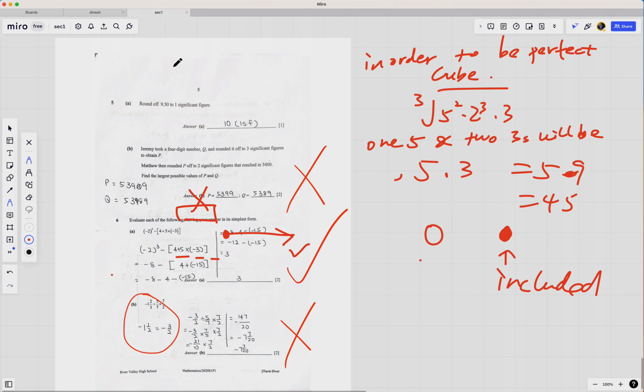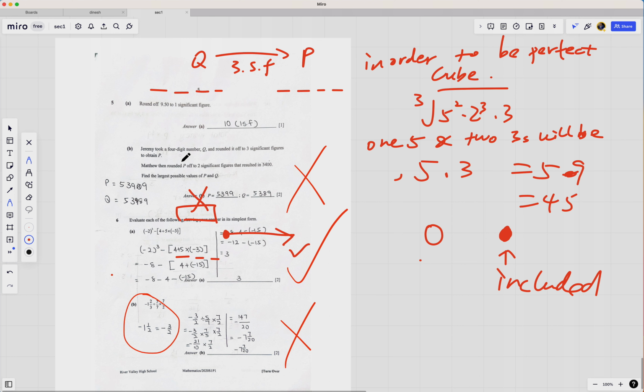So Q is 4-digit, and then you round to 3 significant figures, you get P, right? Yes. So this is okay.